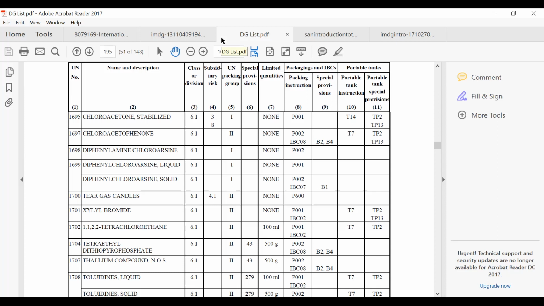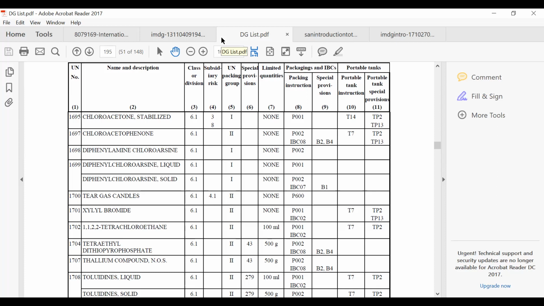So what's the packing group? Packing group is 2. Okay, and what's two? I was away when you shared that also. Okay, so I'm just going to repeat it again.